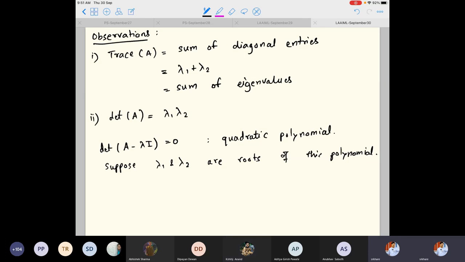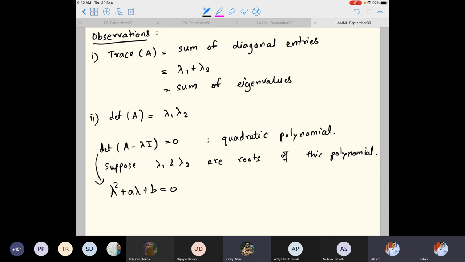So we have lambda square plus a lambda plus b is equal to 0. Then what will be a and b here? So lambda 1 times lambda 2 will be b, and lambda 1 plus lambda 2 will be minus a.